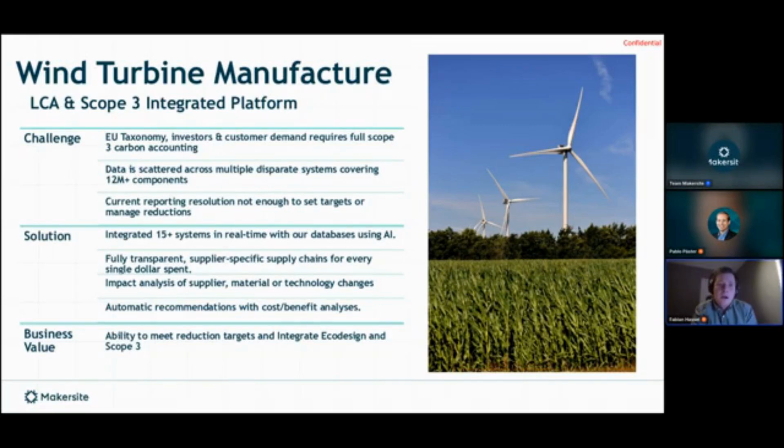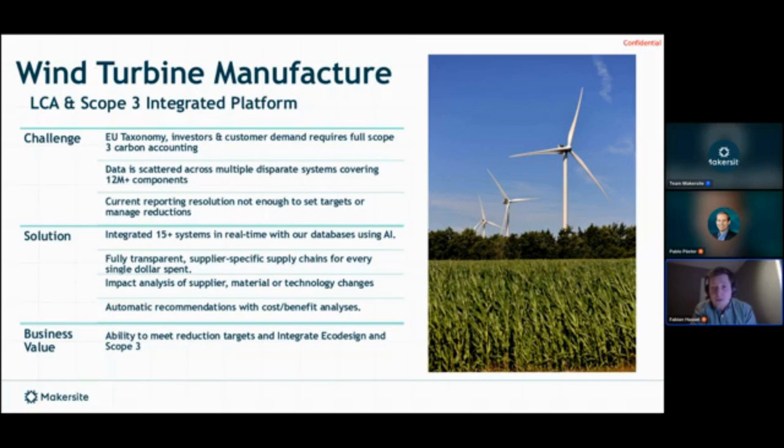The current reporting in place simply did not provide the insight into the reductions or the transparency of information that they needed.